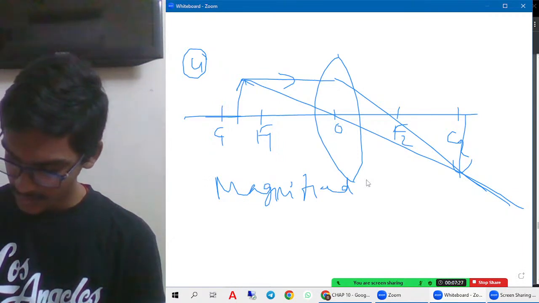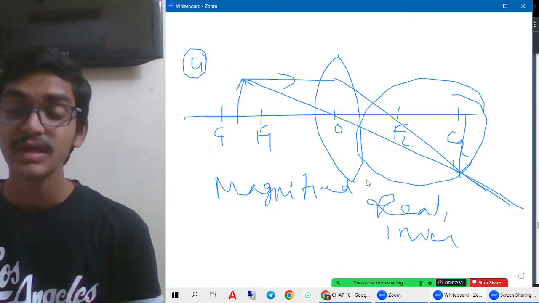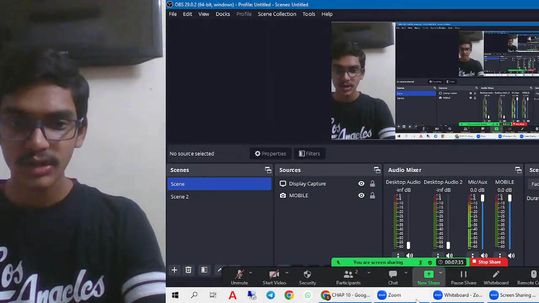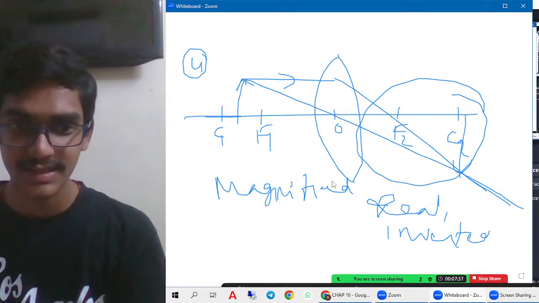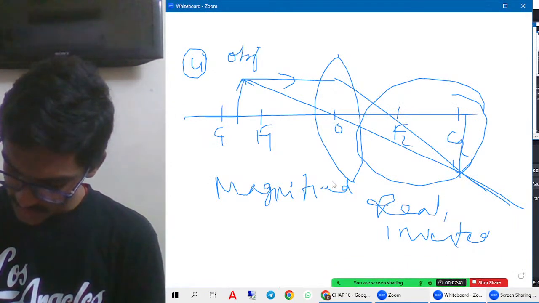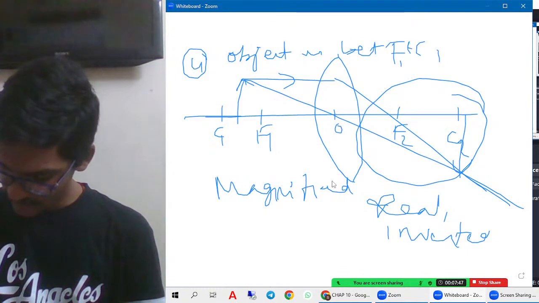It is again real and inverted. These are the important points that you have to remember. Now you got an understanding, right, how we progress. So the object is between F1 and C1.